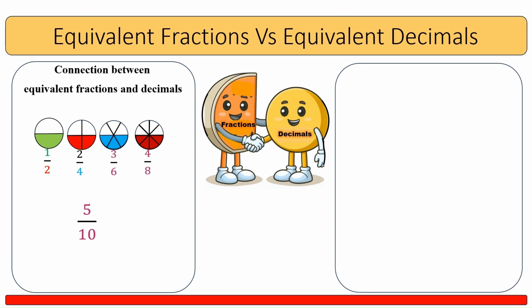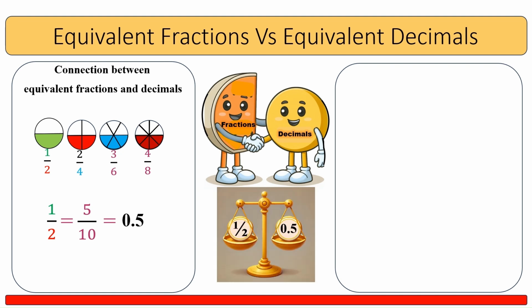When you simplify 5 by 10, you get 1 by 2, which is its simplest fraction form. Now if you convert 1 by 2 into decimal, we get 0.5. You have seen this before in fraction versus decimal comparisons. Both represent the same value, just in different forms.